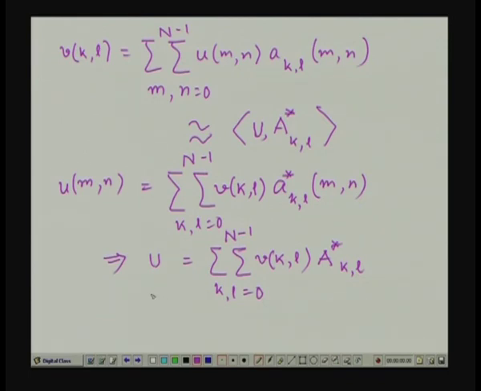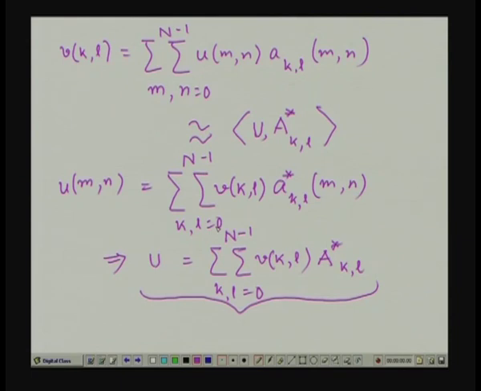So, if you look at this particular expression, you find that our original image matrix now is represented by a linear combination of N square matrices A star KL, because both K and L vary from 0 to capital N minus 1. So, I have N square such matrices AKL.